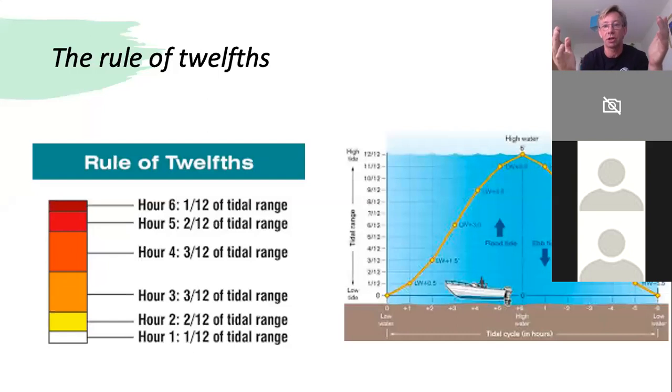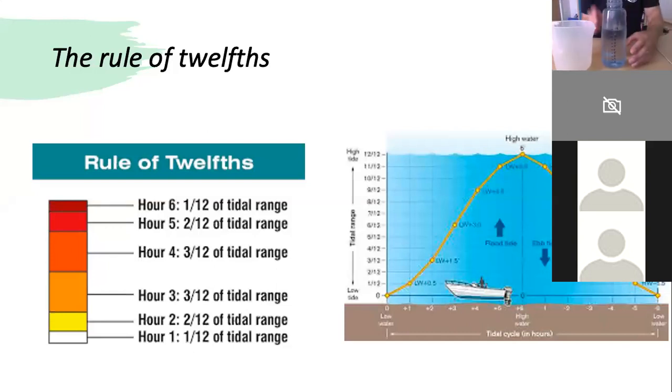And at 6 o'clock, or just after 6, the tide will start to go out. And it will do the same thing going out. If you imagine now the tide is going out, in the first hour, 1/12 will come out, only a little bit. In the second hour, 2/12 come out, twice as much. In the third hour, 3/12 will come out.